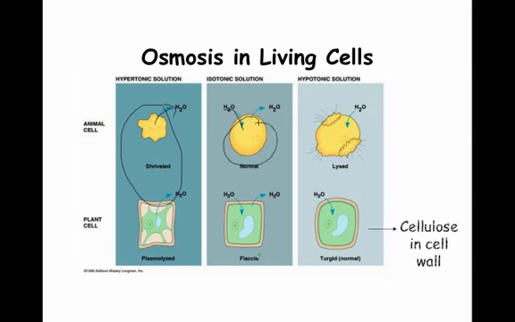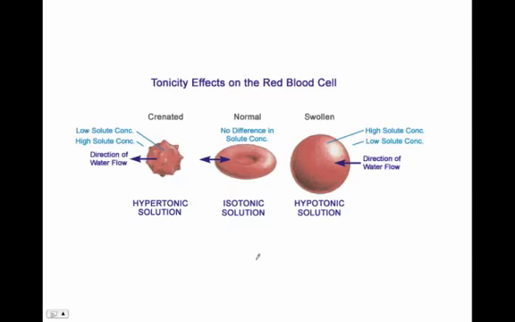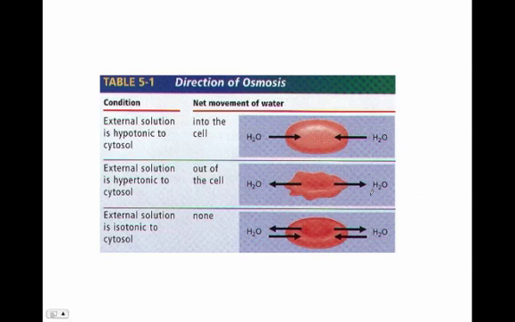And so that's how that works. Here's some more examples. Our red blood cells are influenced by water. So they can be dehydrated, like this one, or they can be normal, which means water moves in and out, or they can be swollen, which means they're in a very dilute solution.